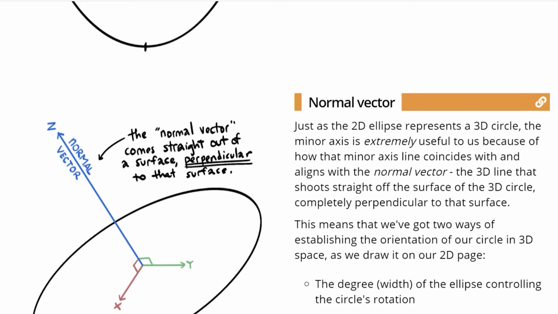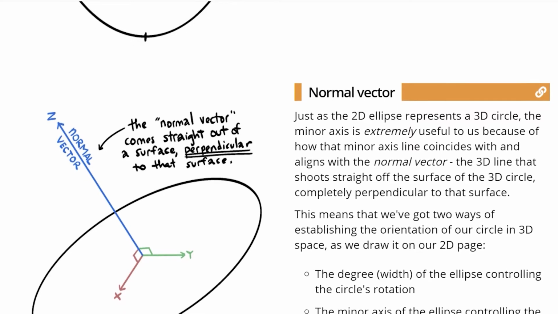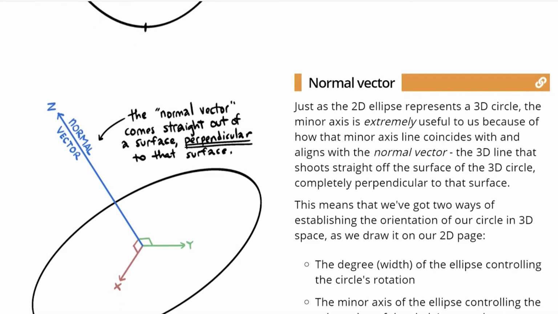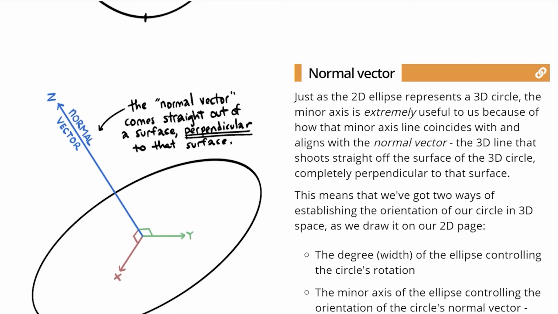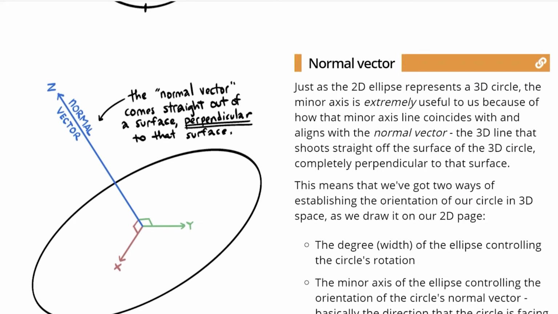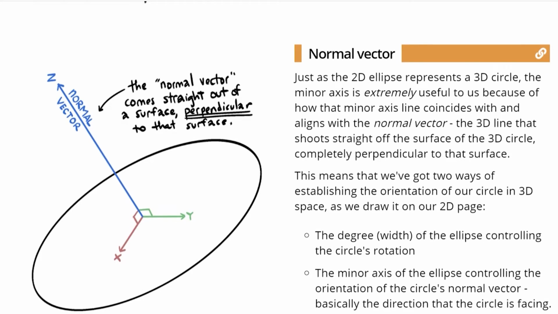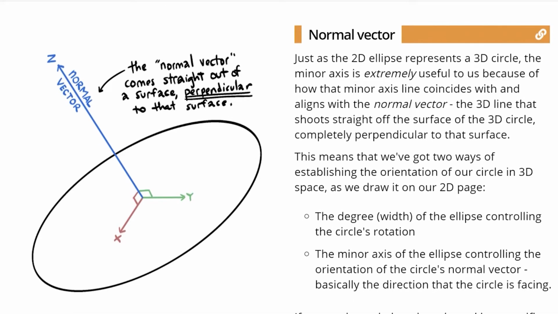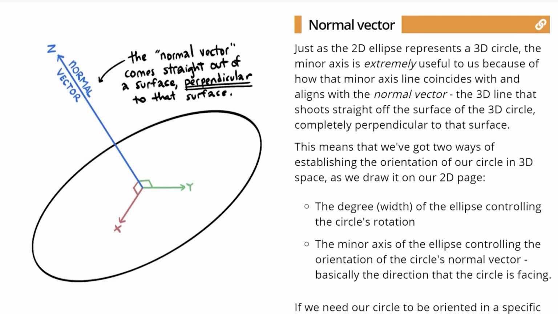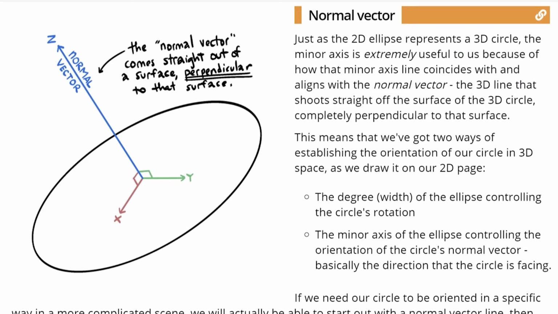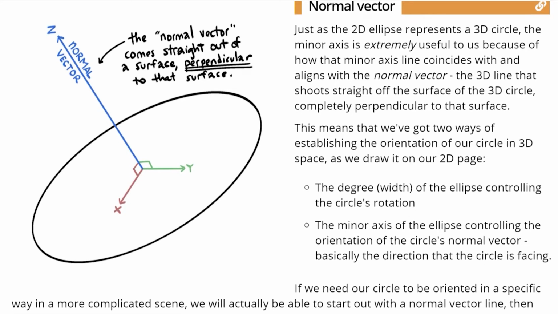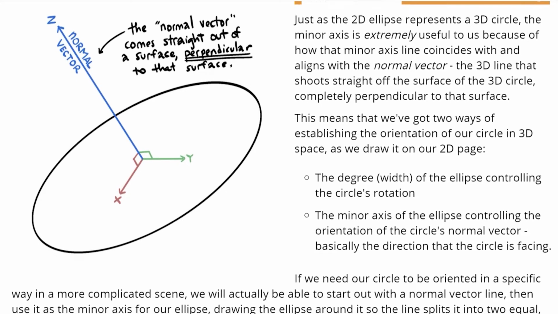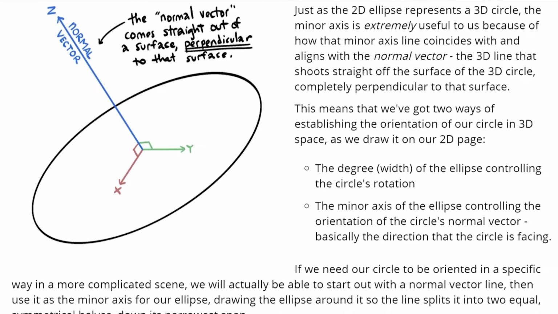This means that we've got two ways of establishing the orientation of our circle in 3D space as we draw it on our 2D page. The degree, width, of the ellipse controlling the circle's rotation, the minor axis of the ellipse controlling the orientation of the circle's normal vector, basically the direction that the circle is facing.